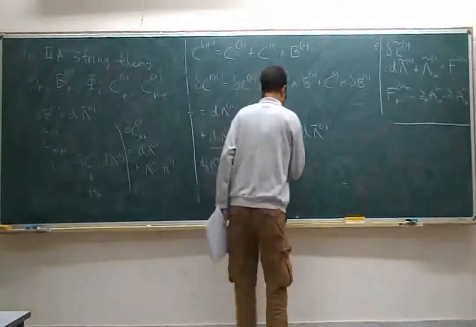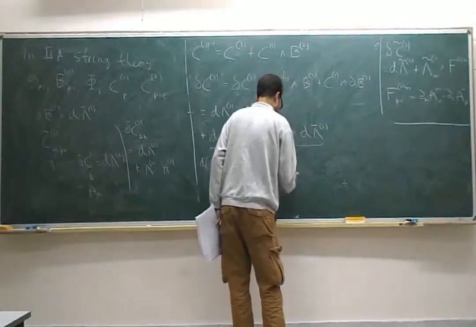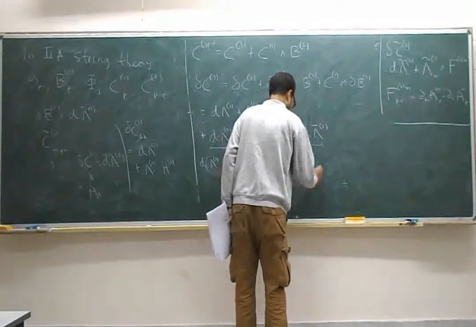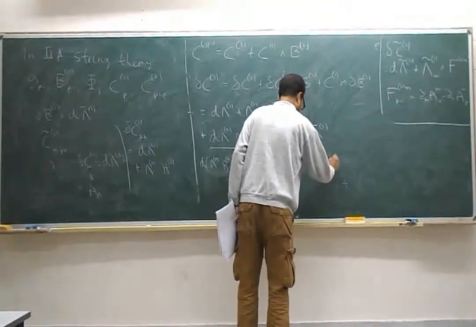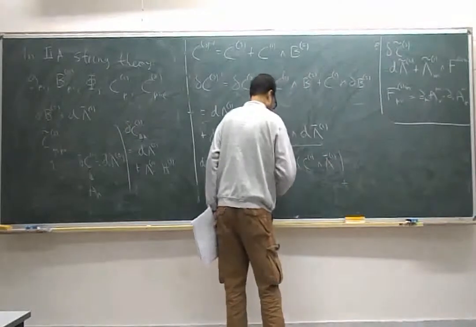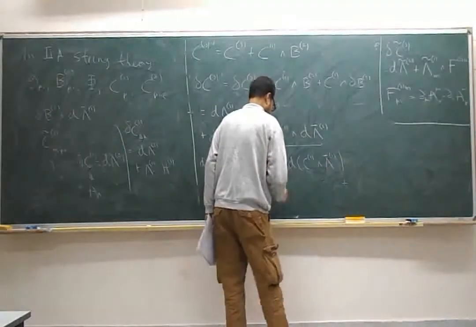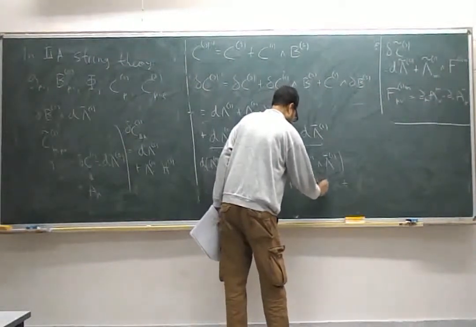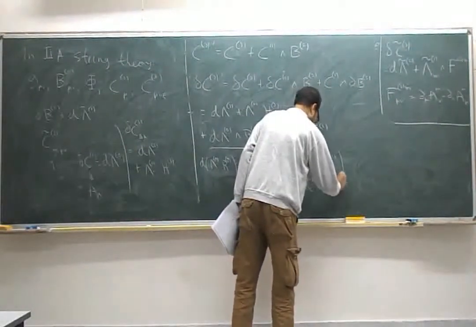This one we can write as d of c1 with number 1, I think there's a minus sign, plus dc1 with number 1.